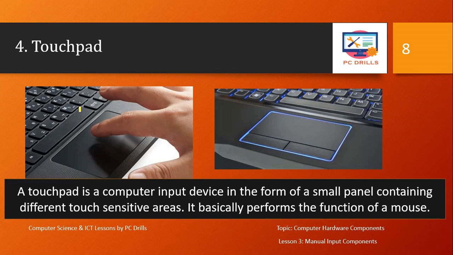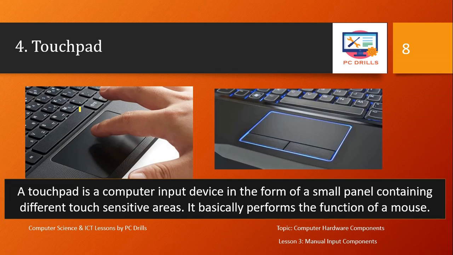All you need to do is touch inside a small square. You move left or right, and the cursor on the screen follows suit. If you move your finger left, the cursor moves left also. And when you get to the edge of the box, you just start again from the other end and move again, and it follows the same way.